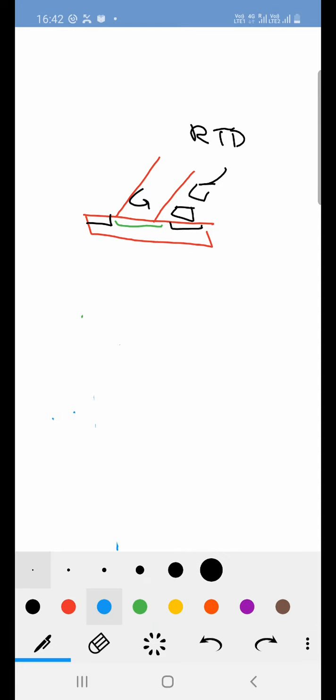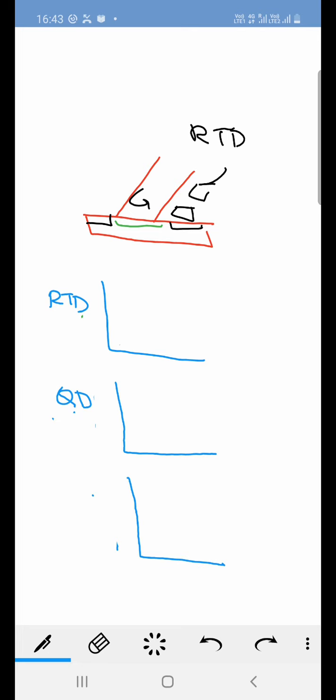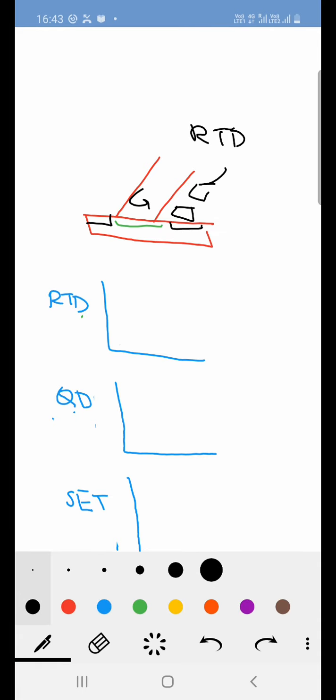So we draw the current voltage plot for an RTD, for a quantum dot, and for a single electron transistor. Then the three of them will show different characteristics.